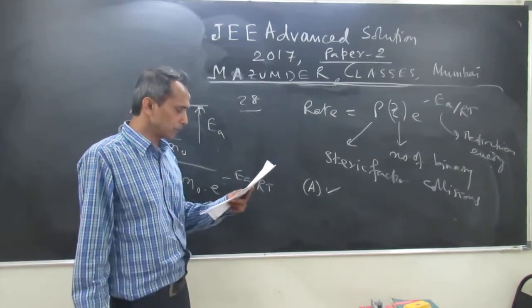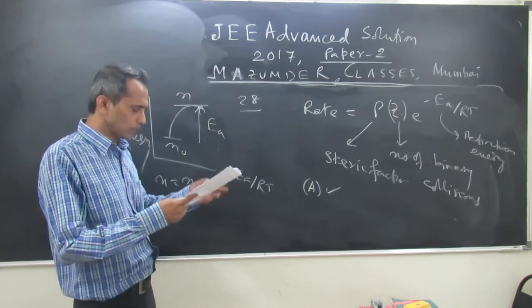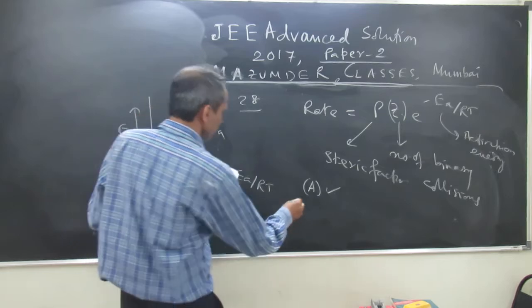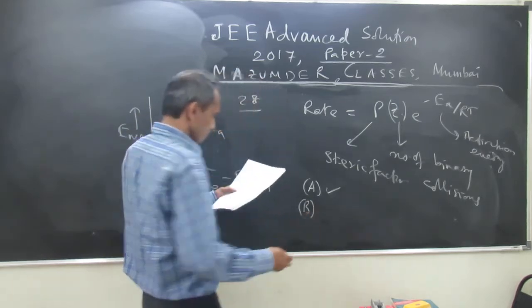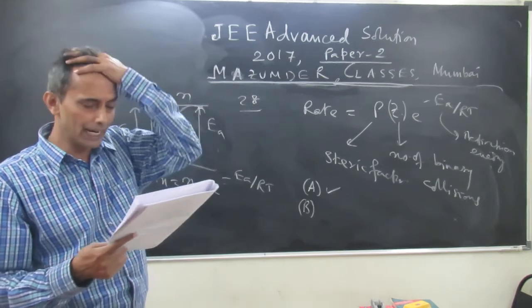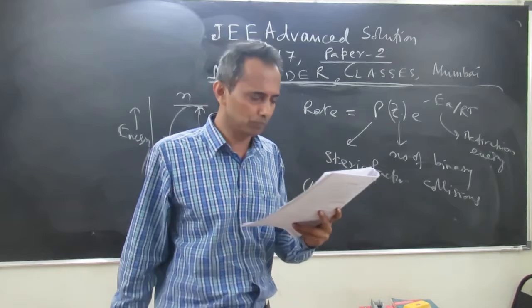Next, B: the experimentally determined value of the frequency factor is higher than that predicted by the Arrhenius equation. Actually, we know the calculated values of K are much higher than the experimental.